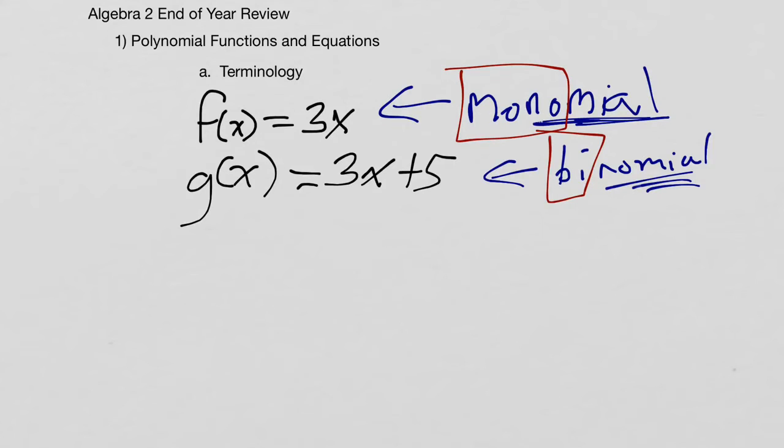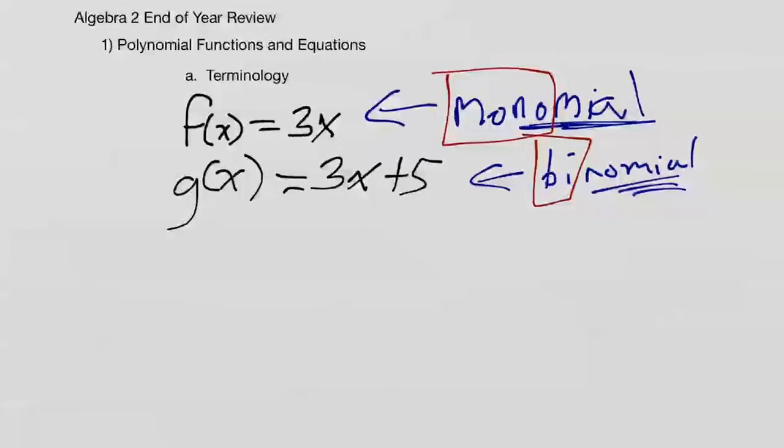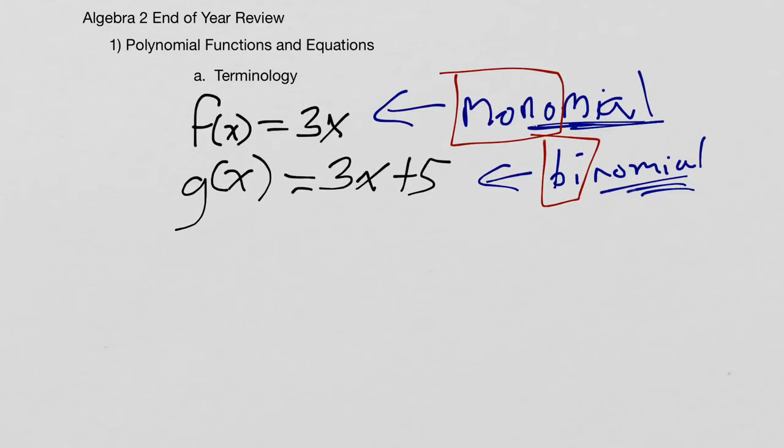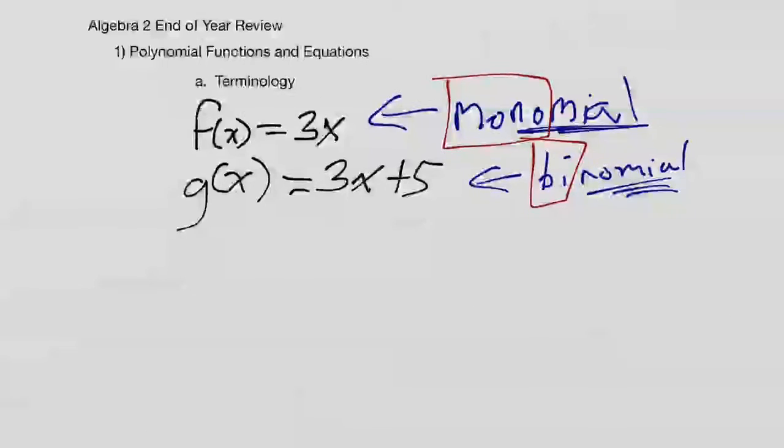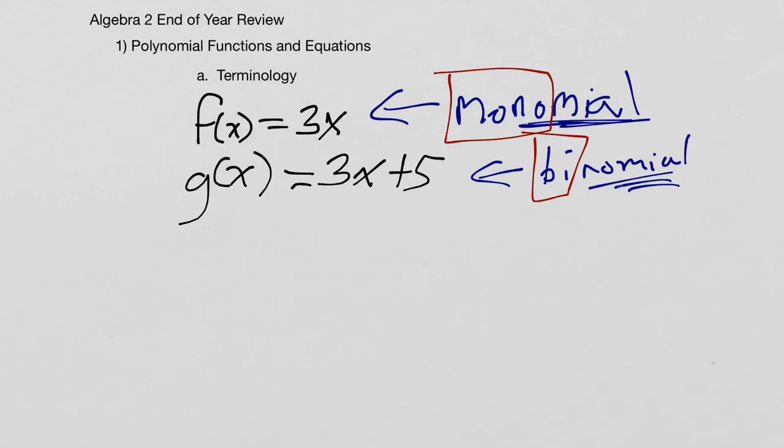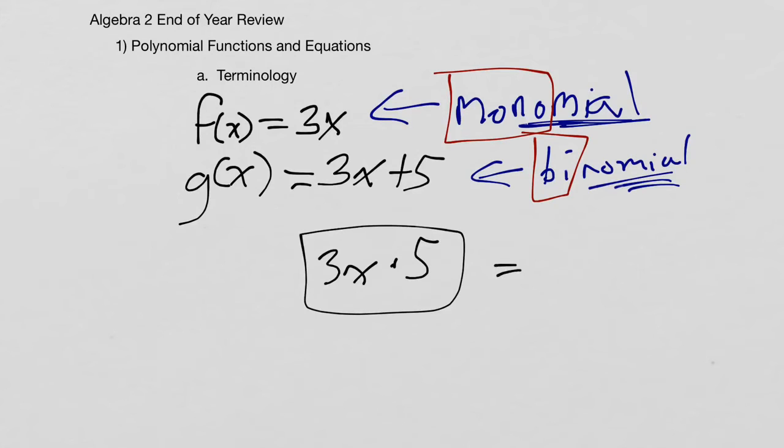Another thing that you'll need to know is that you can only separate the terms if you are separating them with pluses or minuses. So, for instance, if you had 3x times 5, that would also be a monomial, because when you multiply it, you end up with 15x. So the terms must be separated by pluses and minuses.